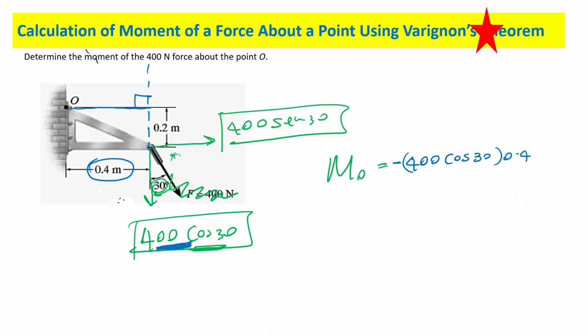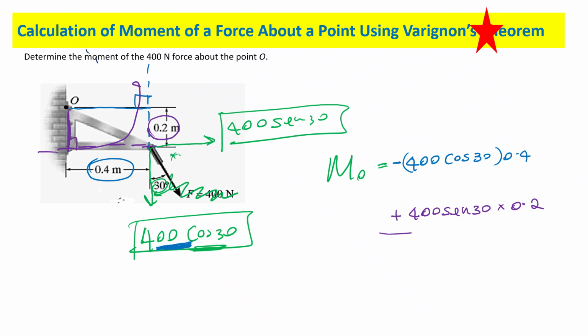And the next one, extend the line of action of the force and draw a perpendicular line, and that distance is 0.2. So that will be 400 sine 30 times 0.2, making what direction? Counterclockwise, going this way. So that will be a positive moment.